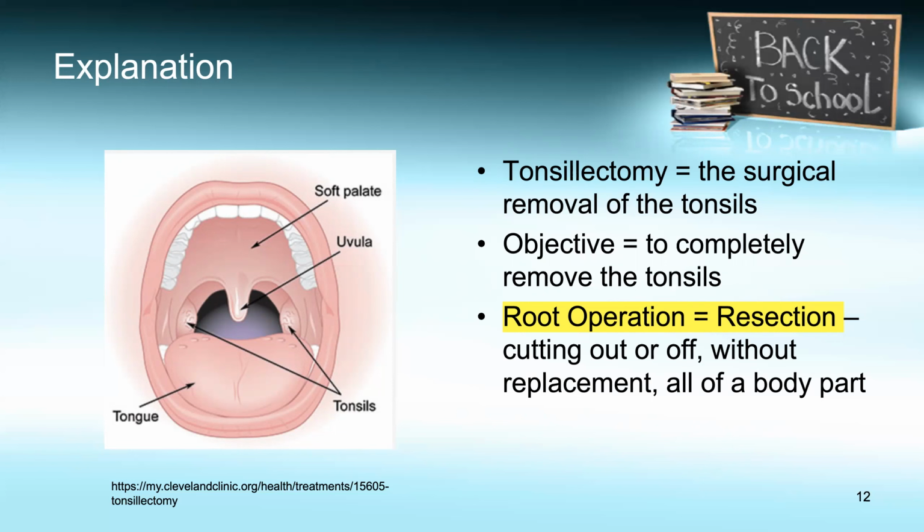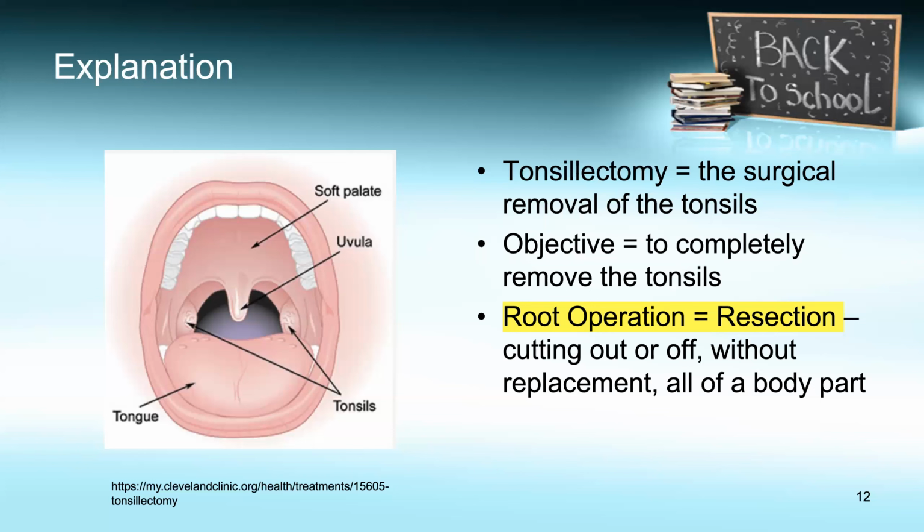Now, if they did a partial tonsillectomy, it would be an excision. I want to clarify both of those because it's going to depend on what is documented in the health record. So resection is cutting out or off without replacement all of a body part. And the excision, if they did a partial tonsillectomy, would be cutting out or off without replacement some of a body part.